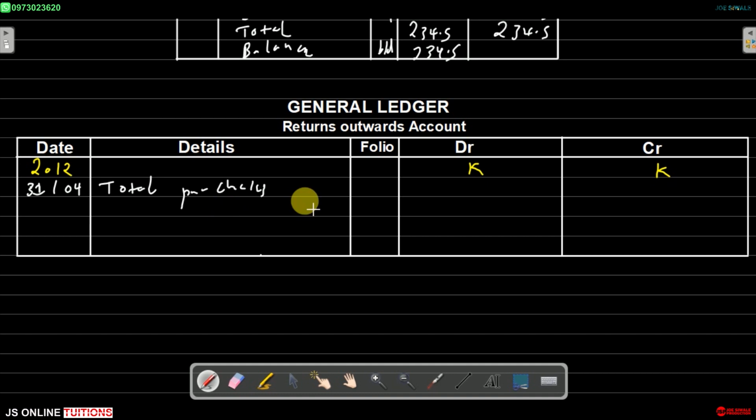So our total purchases returns, we're going to credit it with 435.5. So we can find our balance carried down, you can find the total there, and you can find the balance brought down.